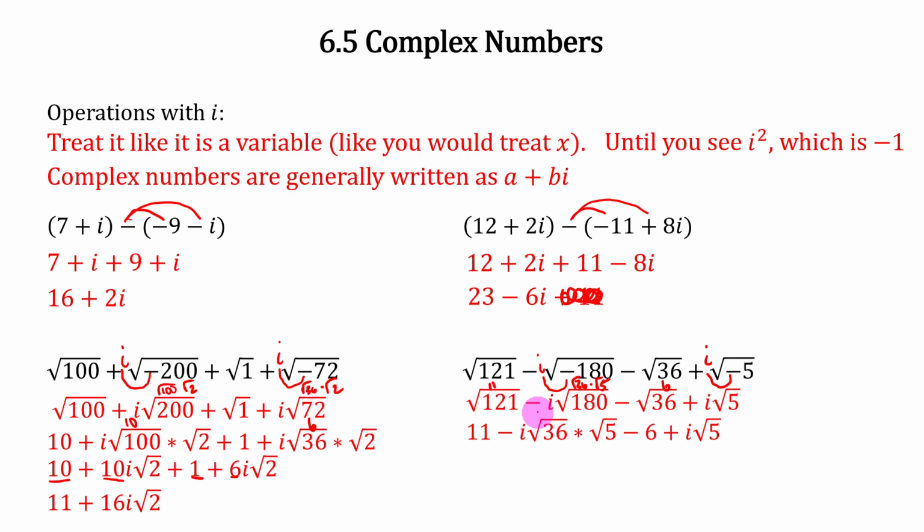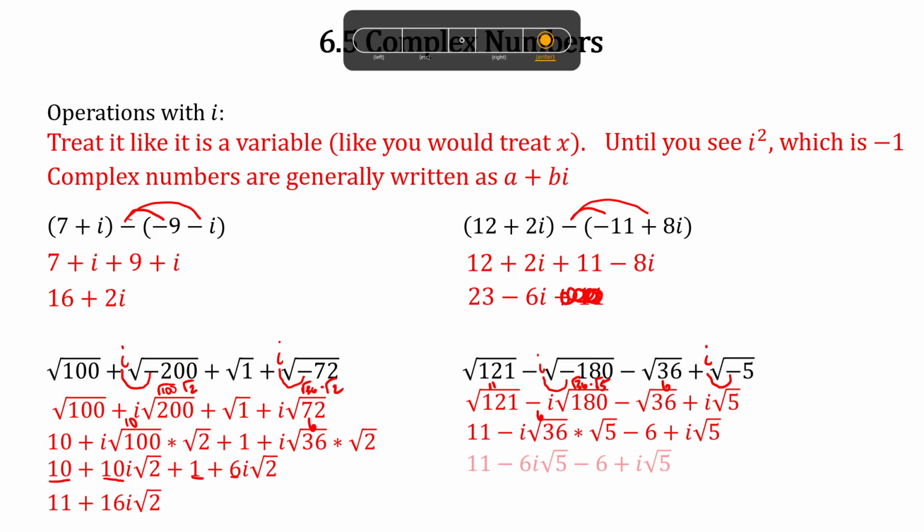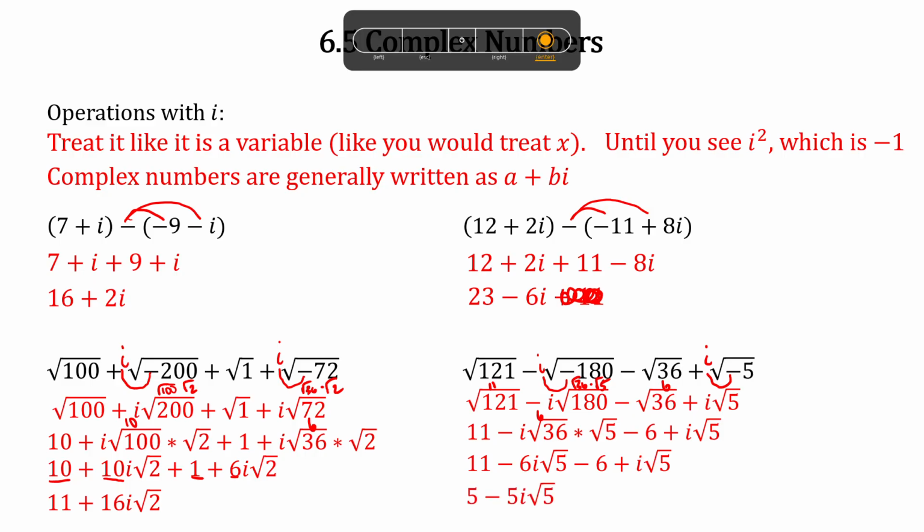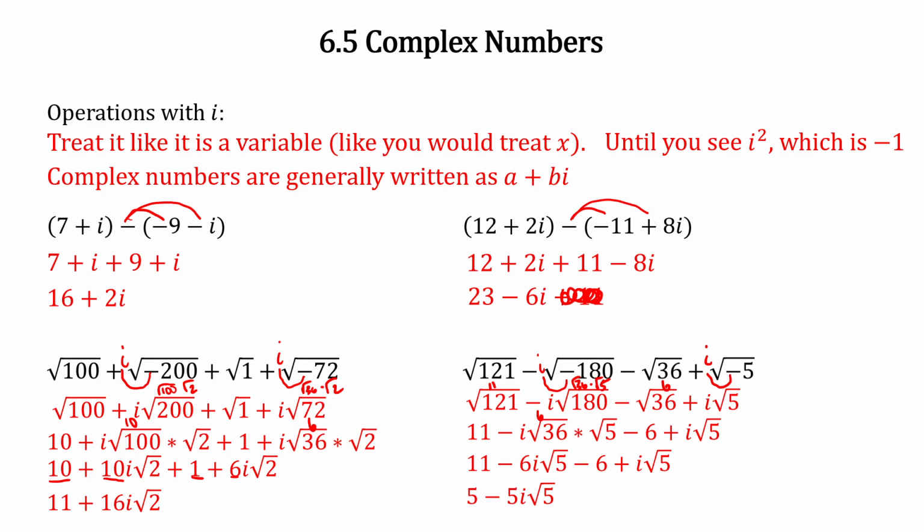So this will become 6. Nothing else will change there. And now we combine like terms. 11 minus 6 is 5. Negative 6 plus 1, also 5. All right.